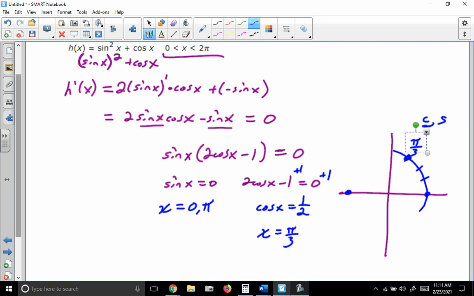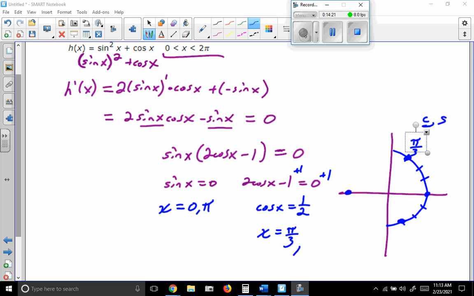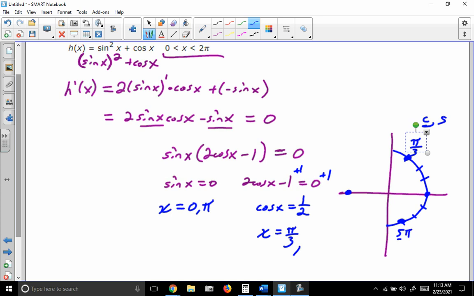And in the fourth quadrant, cosine is 1/2 here because the x is 1/2 here. In the fourth quadrant, I believe that's 5 pi over 3. You can check me by pulling that up on your unit circle.